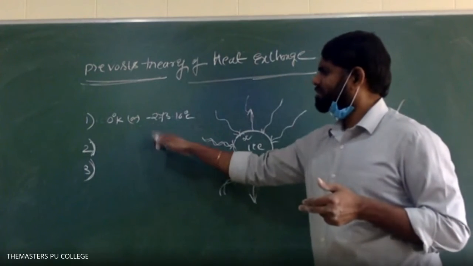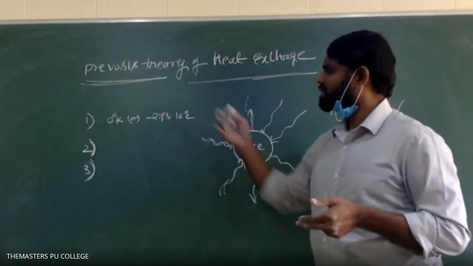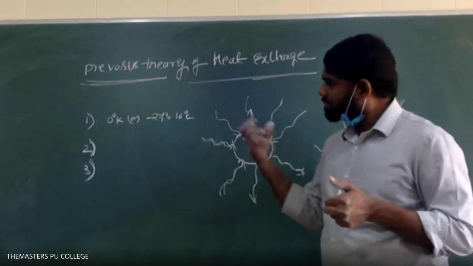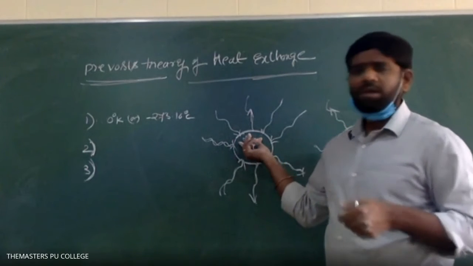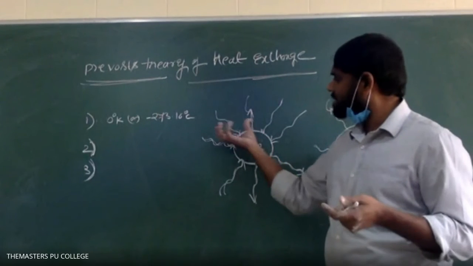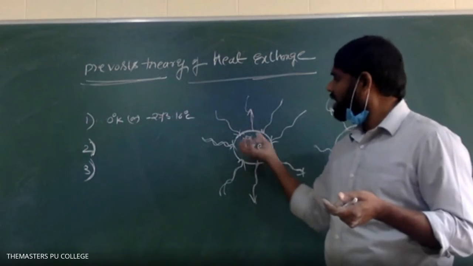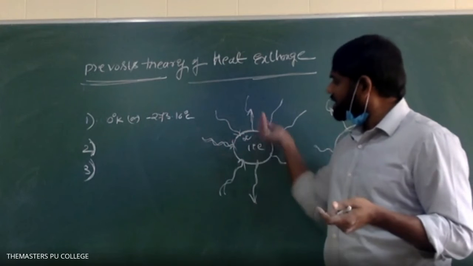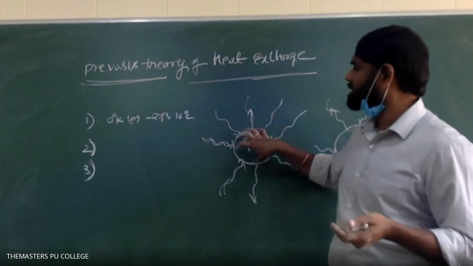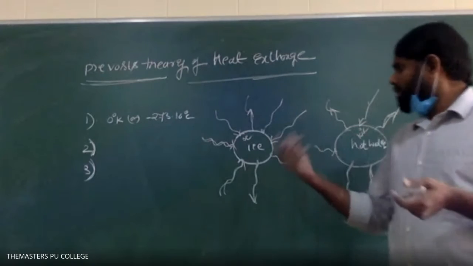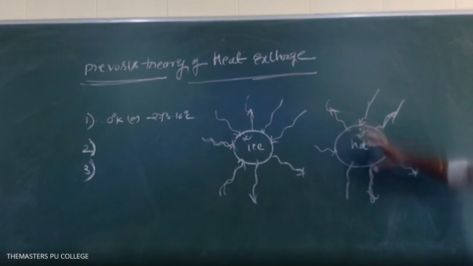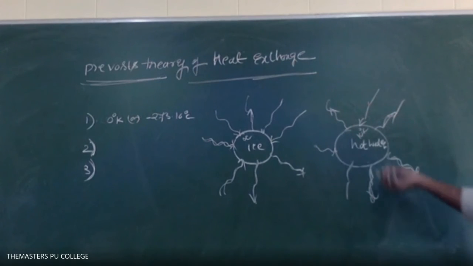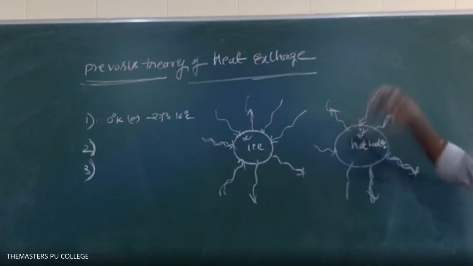When the amount of radiation emitted is less than the amount of radiation absorbed, the temperature of the object will increase. Whenever the amount of radiation emitted is more than the amount absorbed, the temperature of the body will fall.